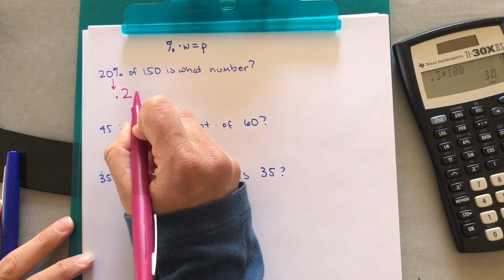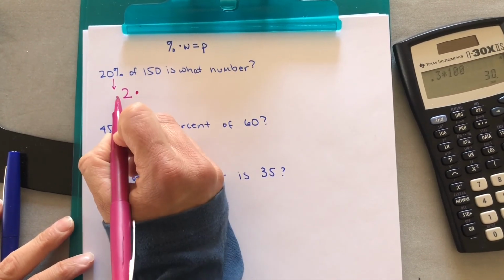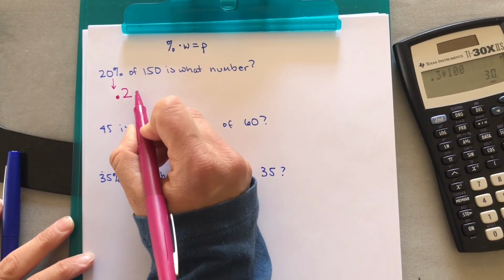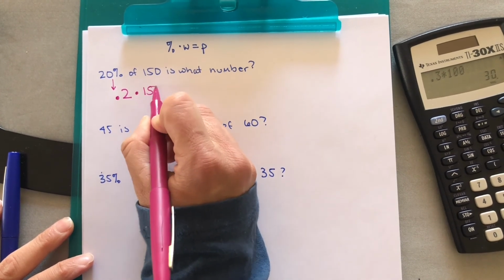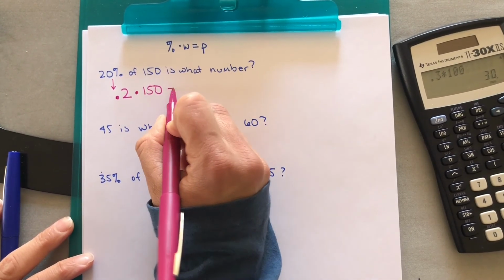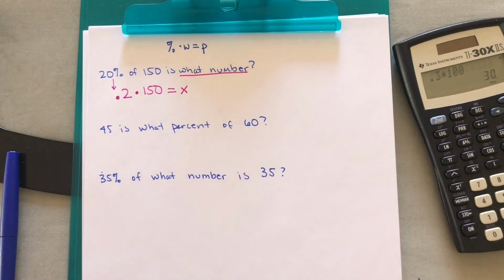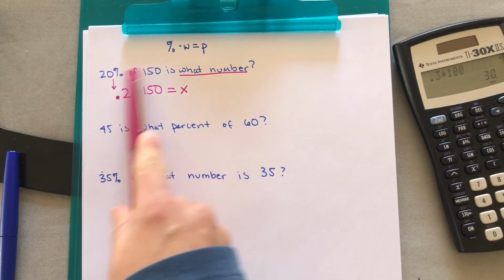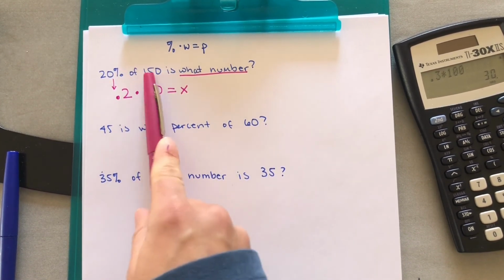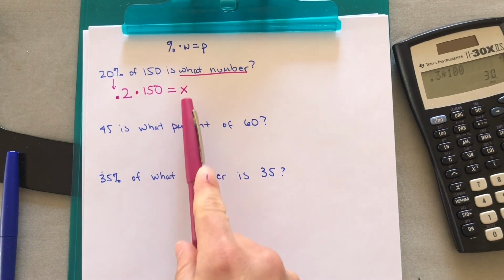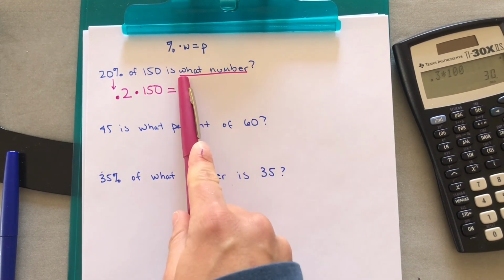Of means multiply. So 2 tenths of 150, so that's our whole, and we want to know that's equal to what number? So anything we don't know, we let an X stand for. So 20% is the percent, of 150 is the total amount, and the part is what we're looking for.